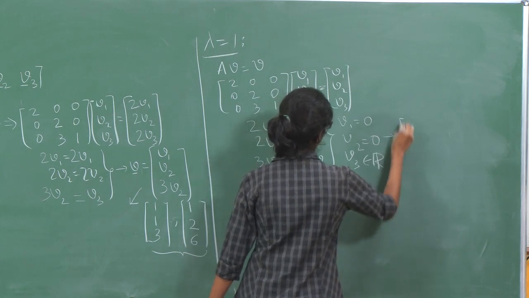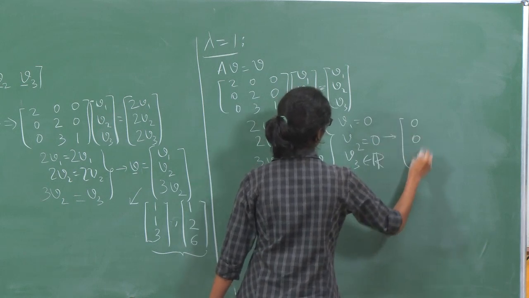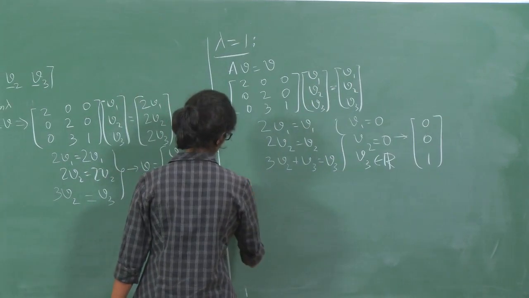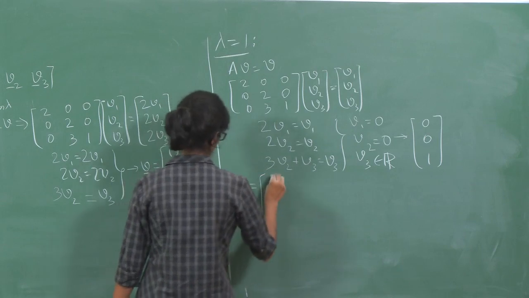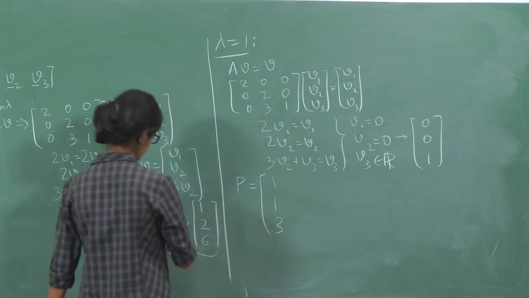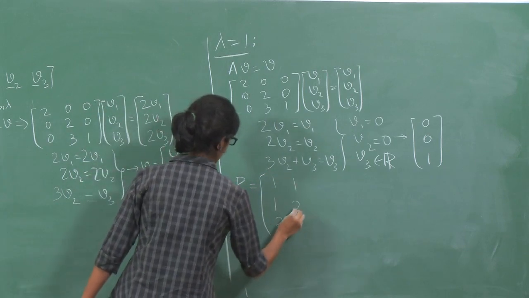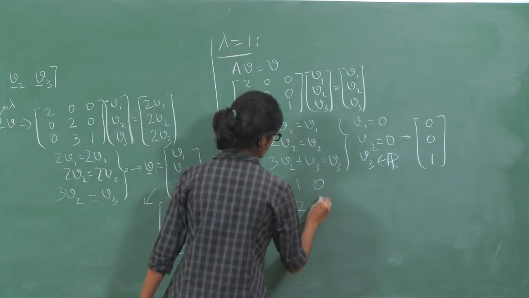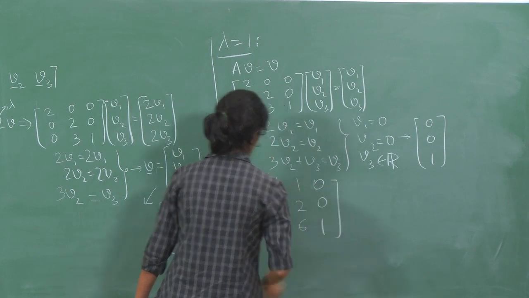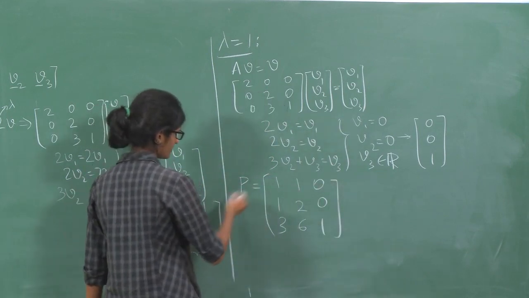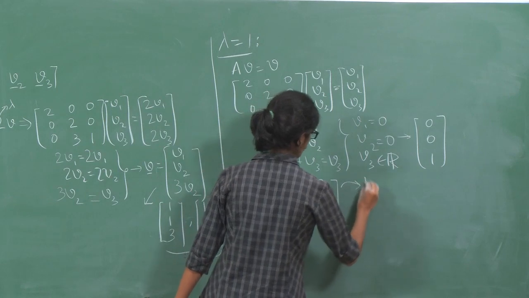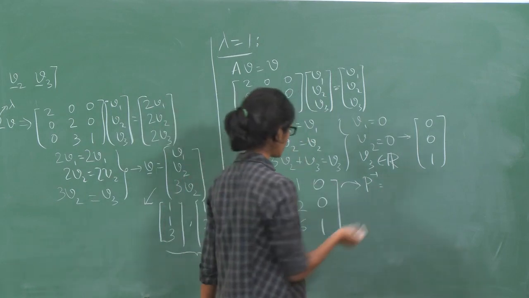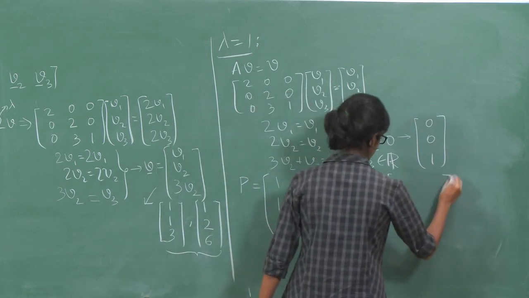So we choose our eigenvector to be (0, 0, 1). So your matrix P finally looks like (1, 1, 3), the first eigenvector, (1, 2, 6), the second eigenvector, and (0, 0, 1). From here you can compute P inverse as the regular adjoint by determinant. I will give you the numbers.